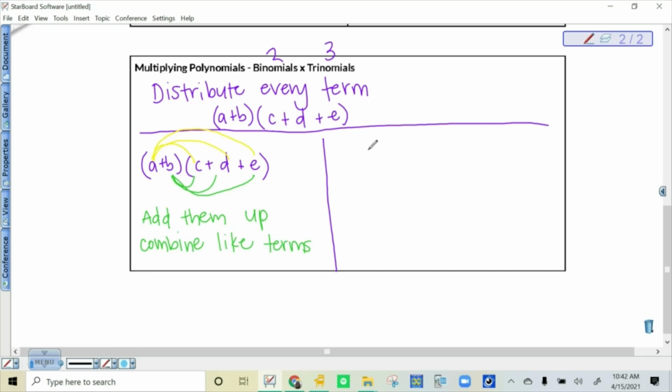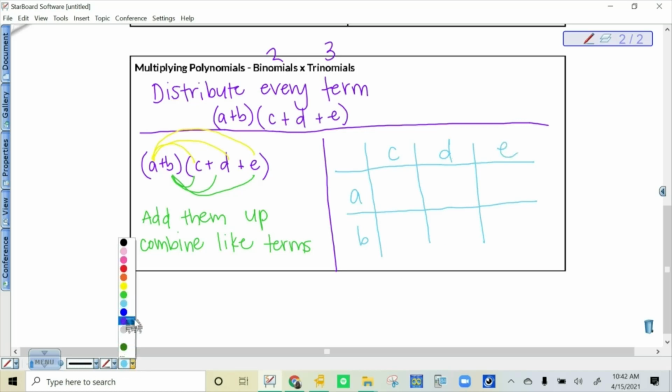The other way of thinking about it is we can make a table. So I have 2 places on the vertical, I put my A and my B. And then I'll have 3 spaces on the horizontal where I'll put C, D, and E. And I do the same thing.